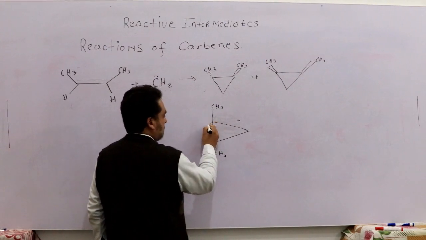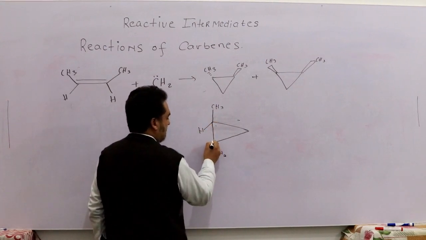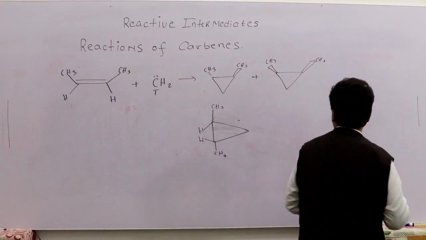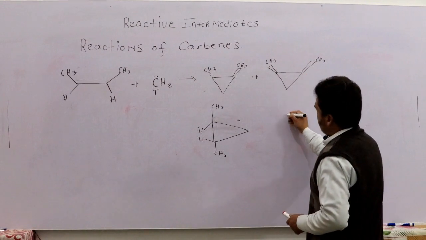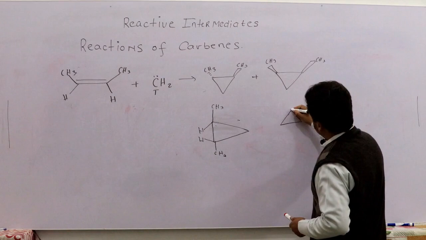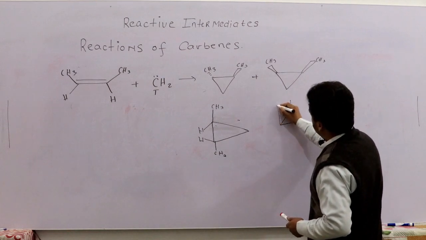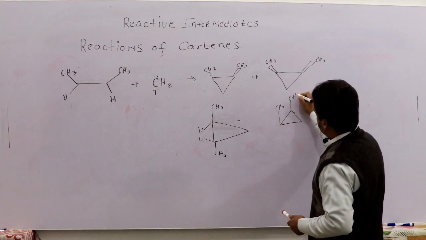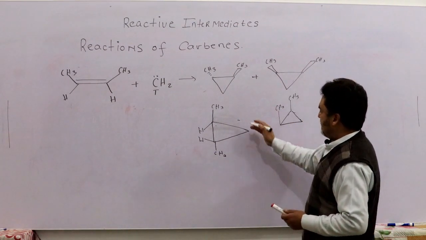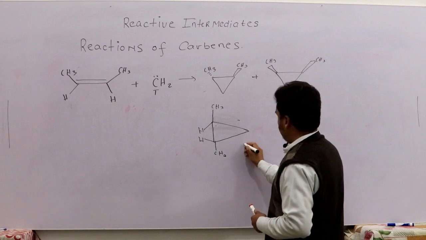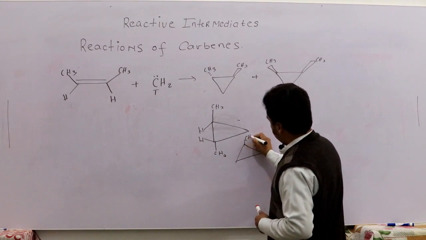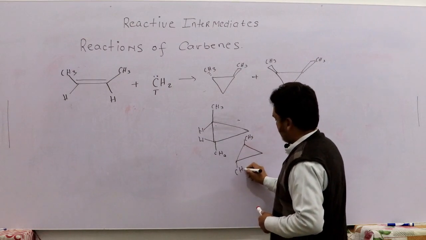So here hydrogen is down and here hydrogen is up. And in this case both are up. This hydrogen is up and this methyl is up and this methyl is up. So I think that maybe you can understand it. And this can also be written like this. This is a trans one.